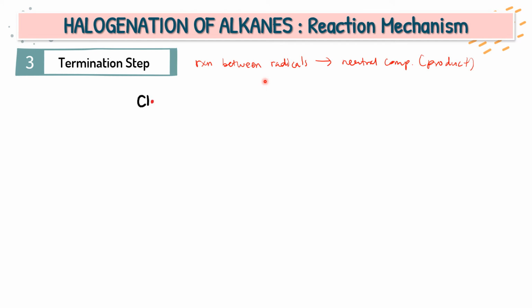Yang pertama, kita akan react chlorine radical dengan chlorine radical. So you need to understand, radicals dia akan bergerak randomly. Dia jumpa je mana-mana radical, dia akan terus form bond. So kalau chlorine radical jumpa chlorine radical, so it will form bond macam ni and you will get chlorine molecule.